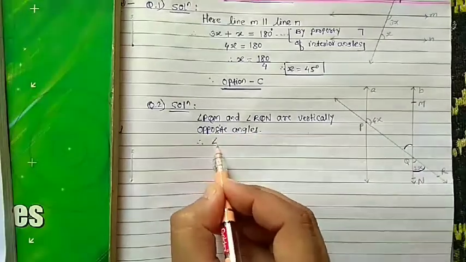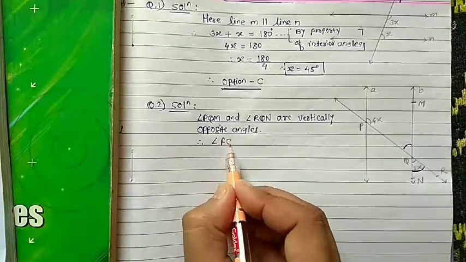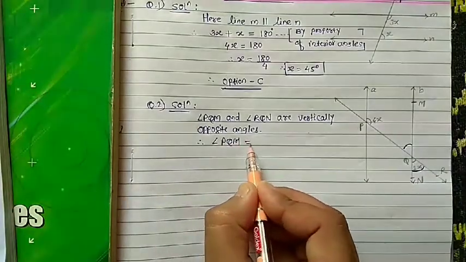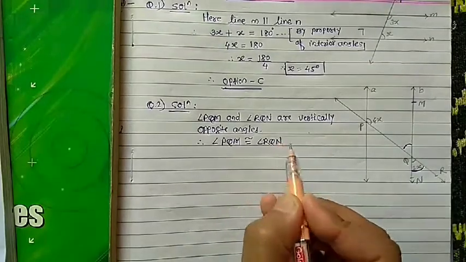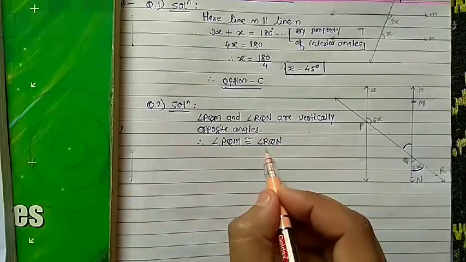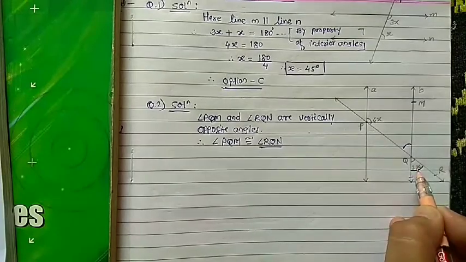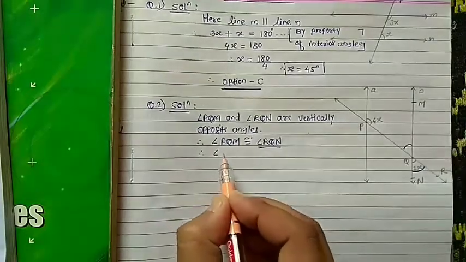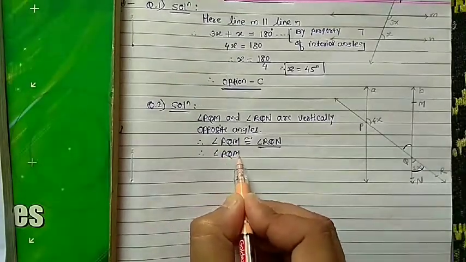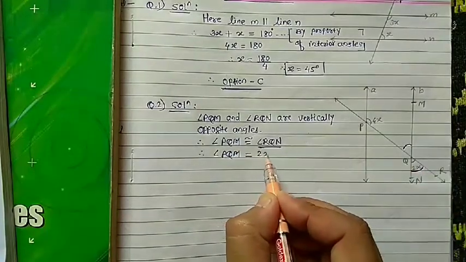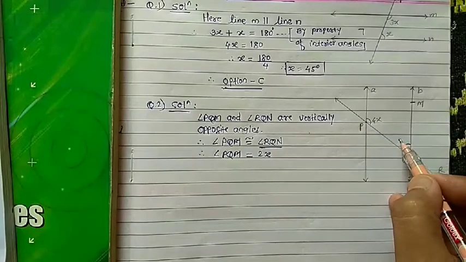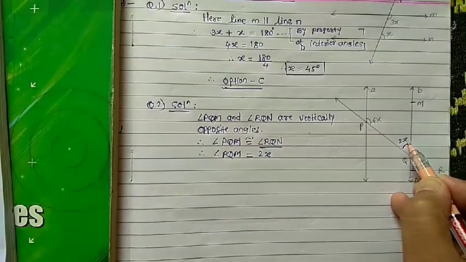So therefore angle PQM is congruent to angle RQN. But what is the value of RQN? That is 2x. So therefore angle PQM, congruent means equal, is equal to 2x. So now this angle is also equal to 2x.